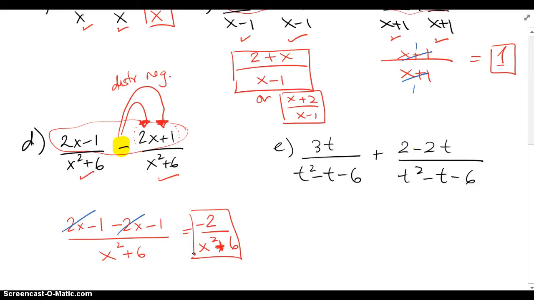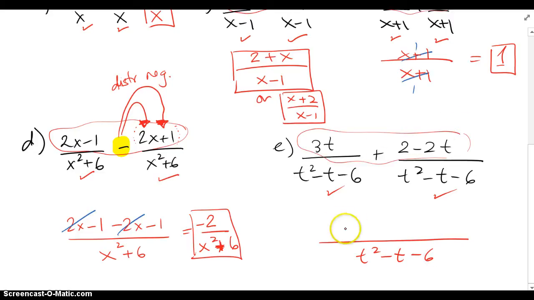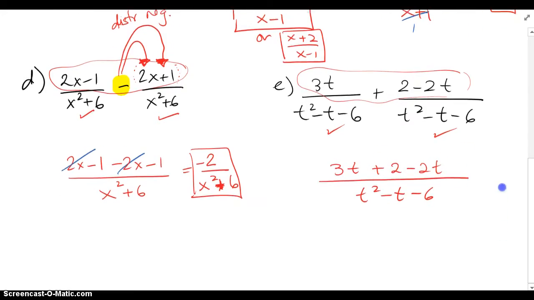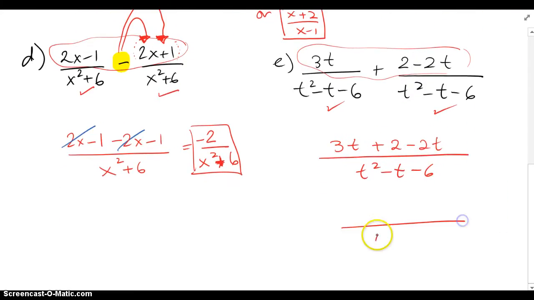Part E, again, there's a lot going on, but check, check is all I'm worried about because they have the same denominator. So in my first step, I'm going to make one big bar and say, let's go ahead and combine the numerators. There's no negative or anything to distribute, so I have 3t plus 2 minus 2t, and it looks like I do have like terms in the numerator.